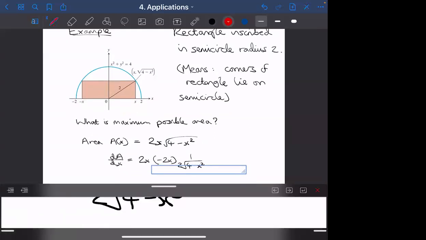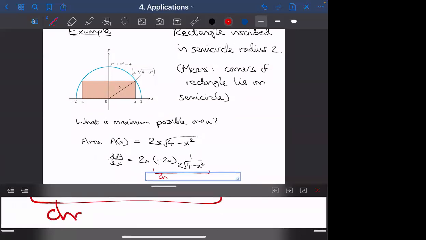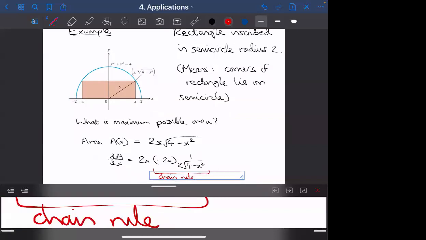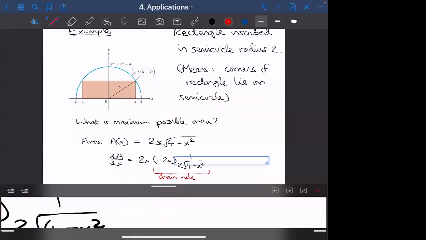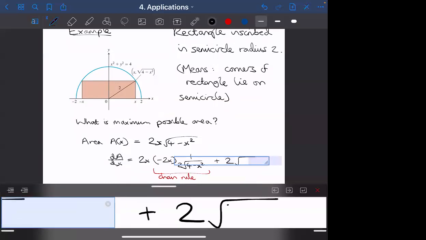So this here is another use of the chain rule. And then continuing with the product rule, I get the derivative of 2x, which is 2, and I keep the square root of 4 minus x squared.